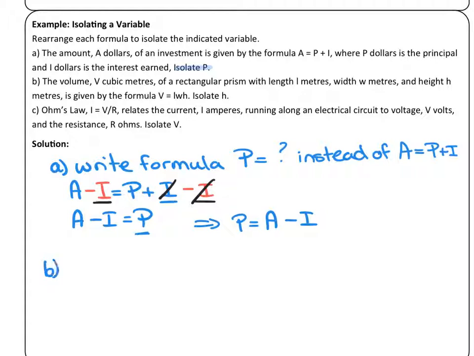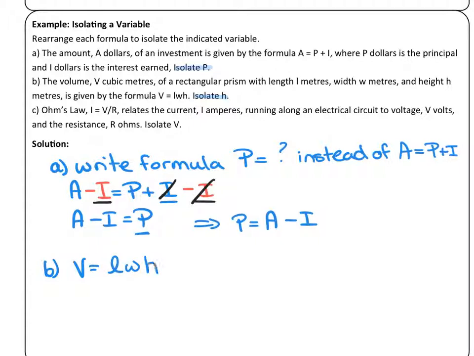Let's try B. The volume V cubic meters of a rectangular prism with length L meters, width W meters, and height H meters is given by the formula V equals LWH. So L times W times H, and we're going to isolate H. This one we're going to do something a little bit different.